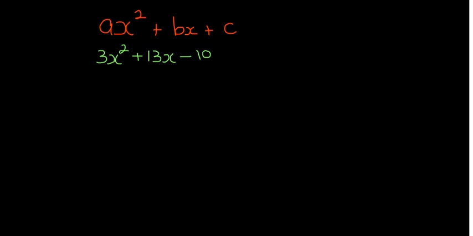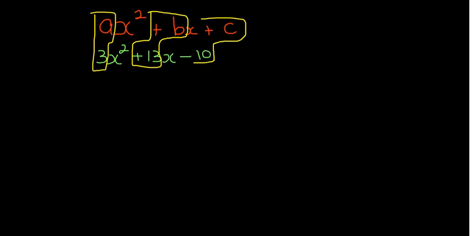Can you tell me? I'll line it up already, watch. The coefficient of x squared is A. The coefficient of x is B. And your constant is C. Alright, from here now, let's write down what A is.